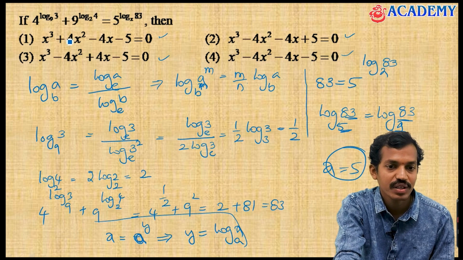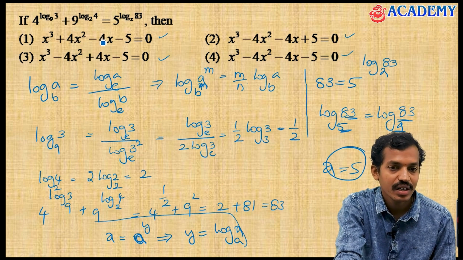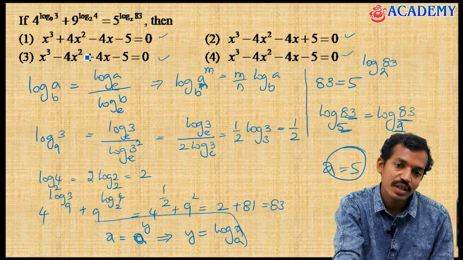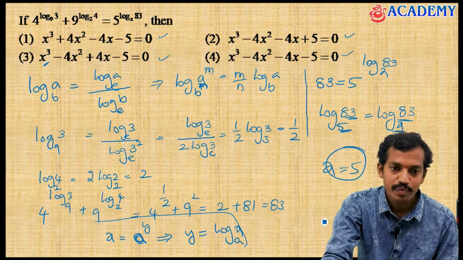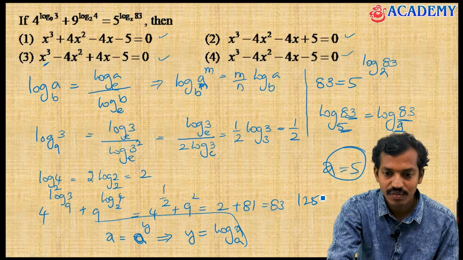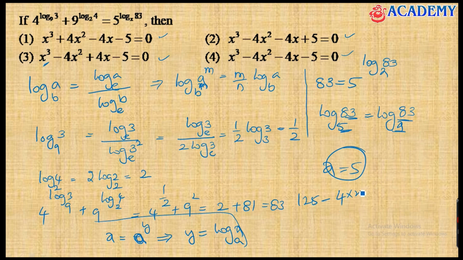5 cube is 125 plus 5 square 25, 4 into 5 is 20, it's not going to be. In the third option, 125 minus 4 into 5 square is 25 plus 4 into 5 minus 5, you won't get 0, because 125 minus 25, plus 20, minus 5 is not the answer.